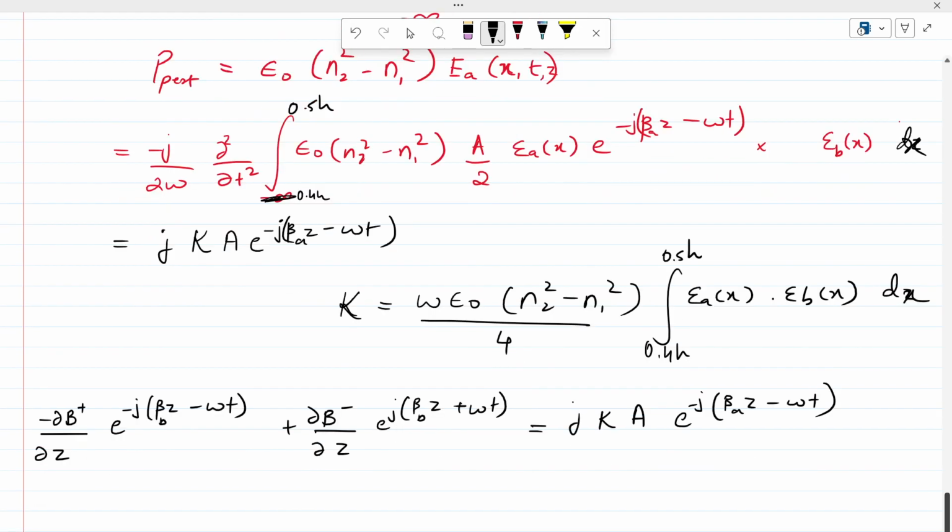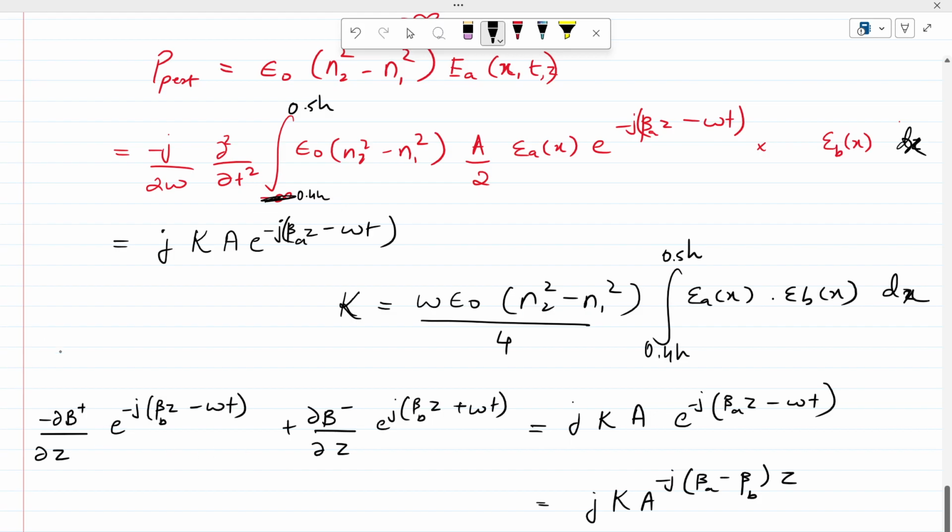If I multiply throughout by e power j beta a z minus omega t, then the RHS will become just j kappa a. For the LHS, instead of multiplying by beta a, I'll multiply by beta b, so this term will become minus j beta a minus beta b z.